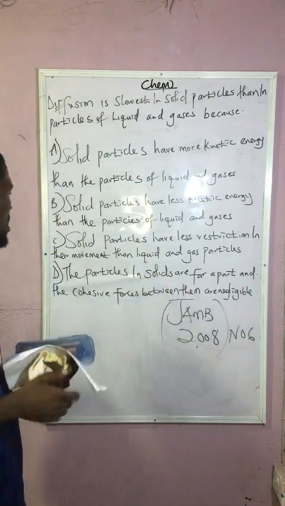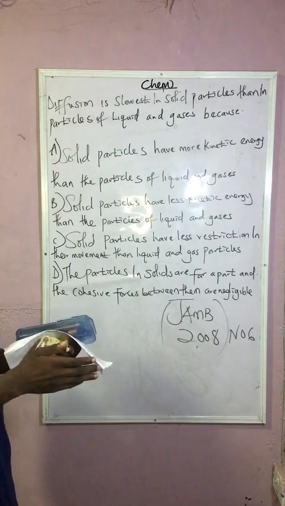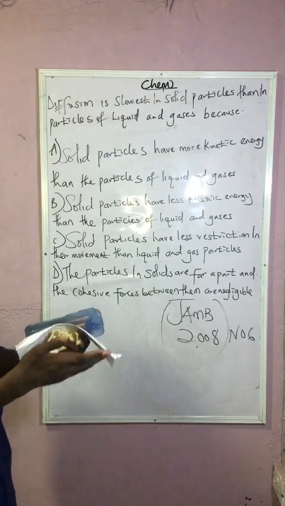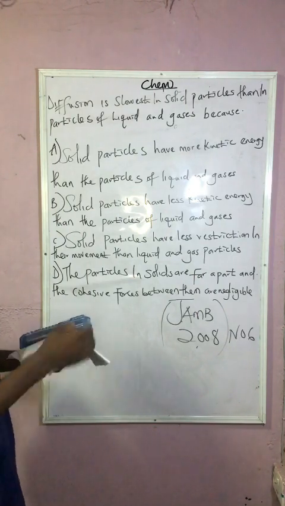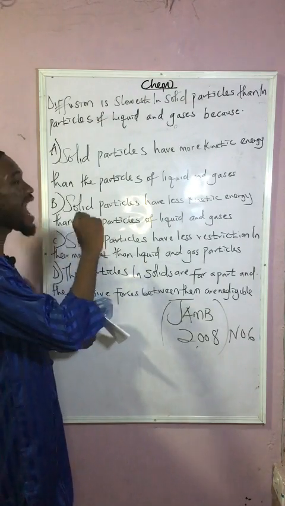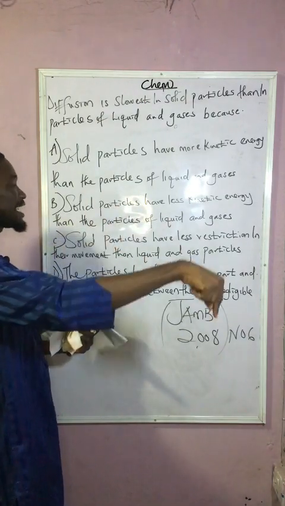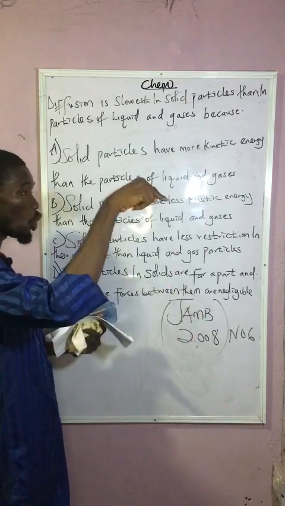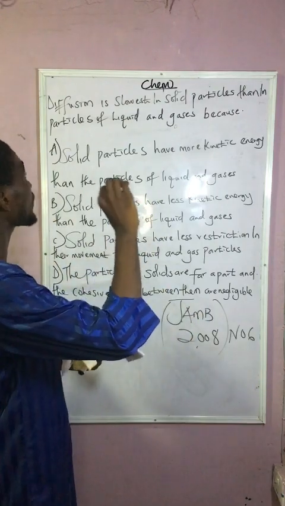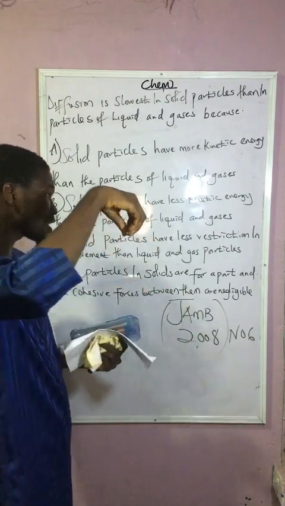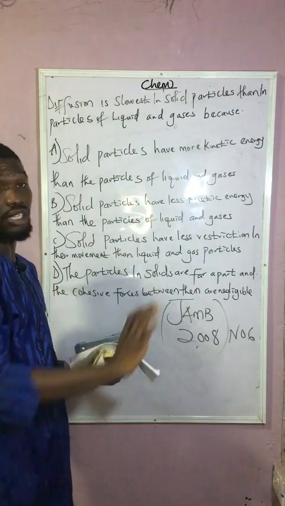Do solid particles have less restriction in their movement? No. So our answer is that solid particles have less kinetic energy than the particles of gases, because diffusion is based on kinetic energy.